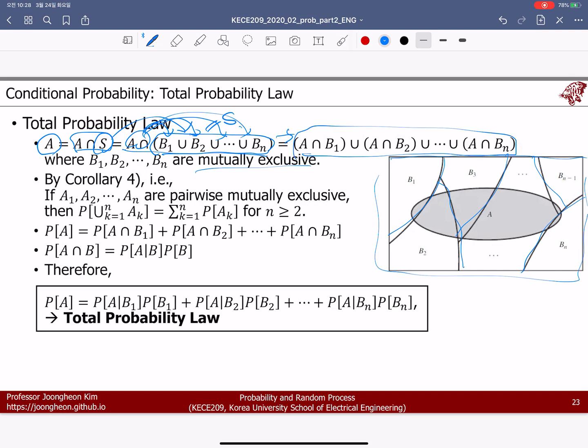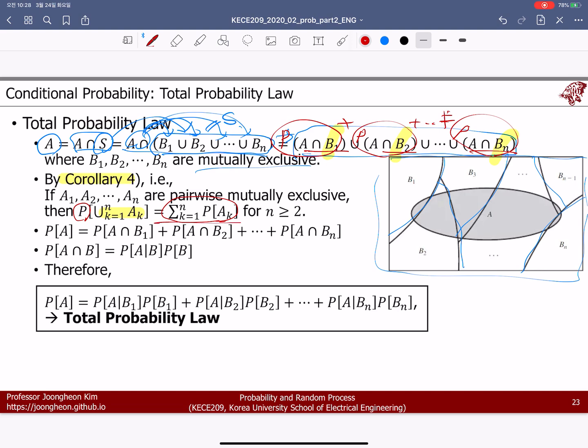Then, as I told you before, these are all mutually exclusive. Then by using corollary 4, we can say that the probability of the union of every single event can be developed as follows. It means that we take the probability of every single component at first, and then we do the addition eventually.